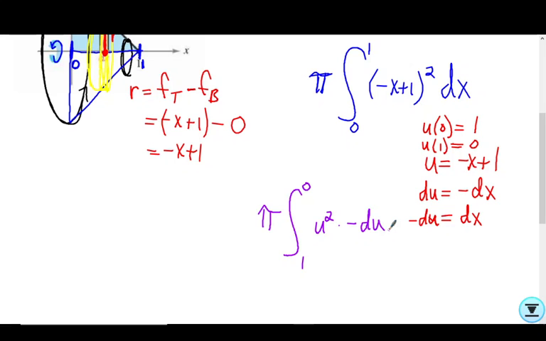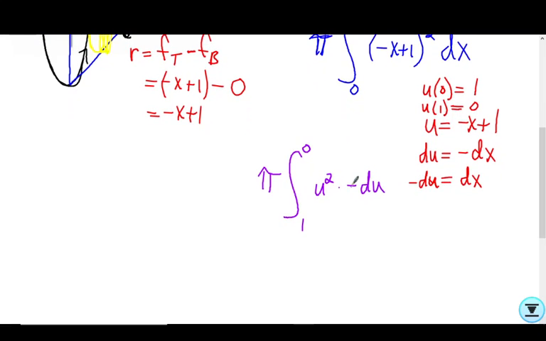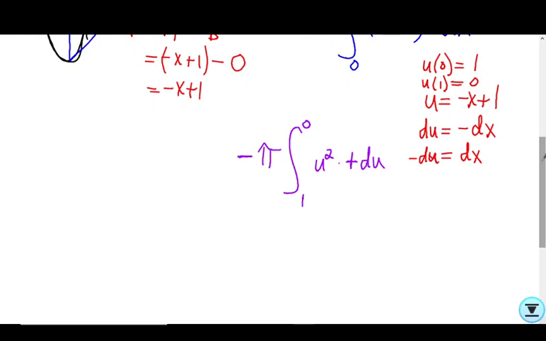Okay? Now, first thing you notice, this negative, I'm going to move it out there. But notice I'm from 1 to 0, which means my limits are backwards, so I reverse my limits and change my sign. So when I reverse the limits to 0 to 1, the negative becomes positive pi, and this ends up being u squared du.